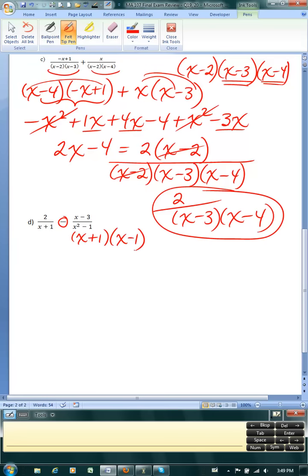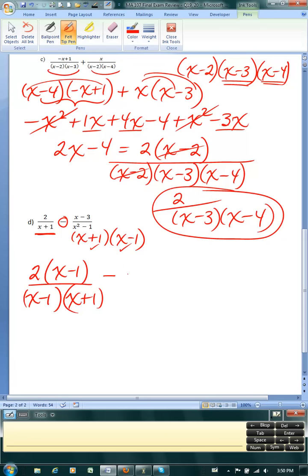So my LCD is an x plus 1 and an x minus 1. On the left, I have to multiply by what is missing. And what is missing is the x minus 1. So we have 2 times x minus 1 all over. We had an x plus 1, and we added an x minus 1.